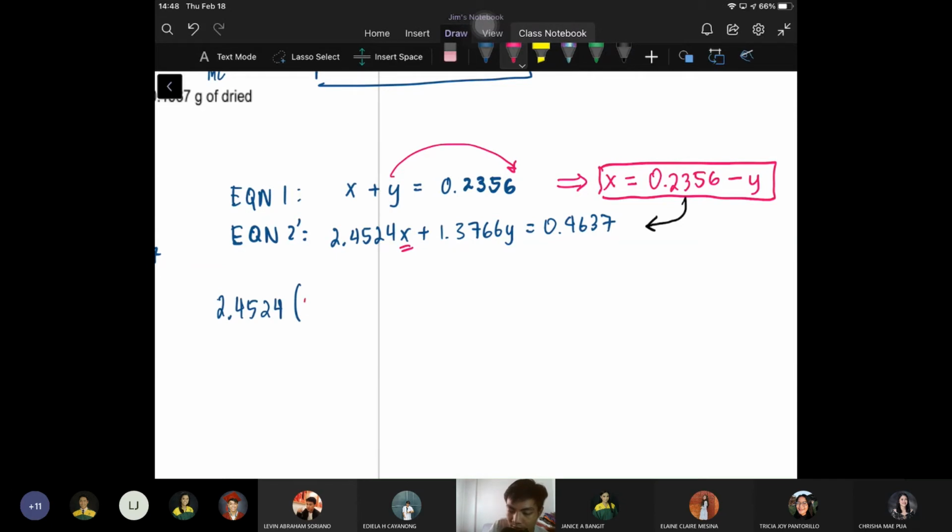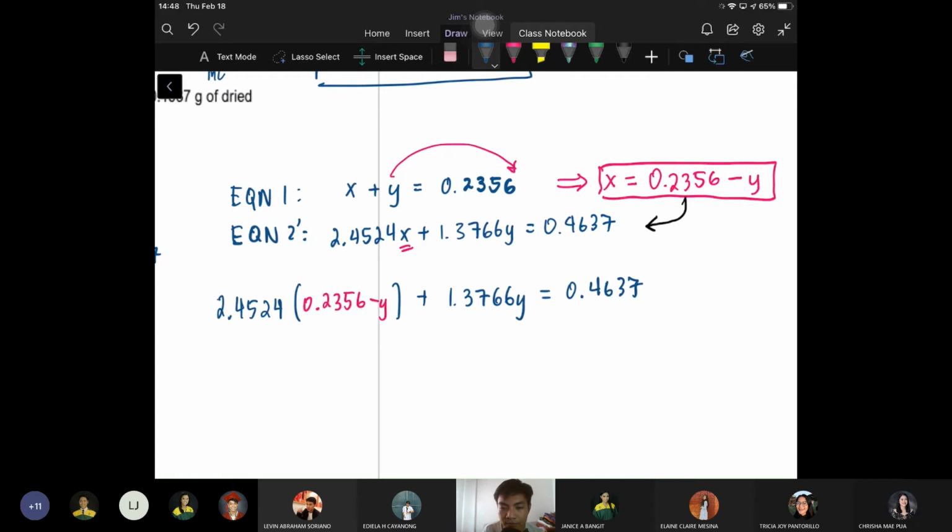I highlight ko yan, 0.2356 minus y. Okay. Plus 1.3766y equals 0.4637. Okay? Solve for value of y na lang.